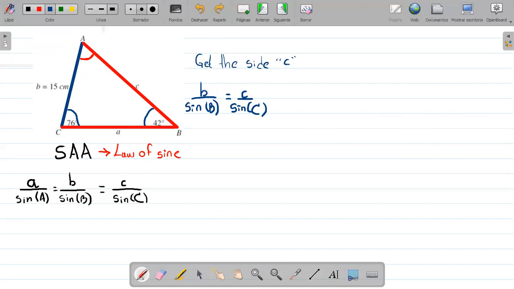Okay, so in this case, we're working with B, 15, over sine of B, which will be sine of 42. Everything will be in degrees, equals my unknown side C over sine of C, which in this case is 76 degrees, okay?